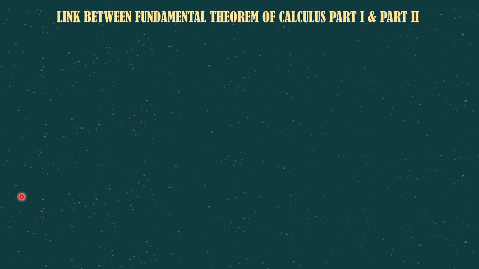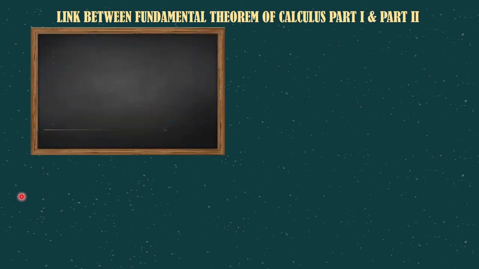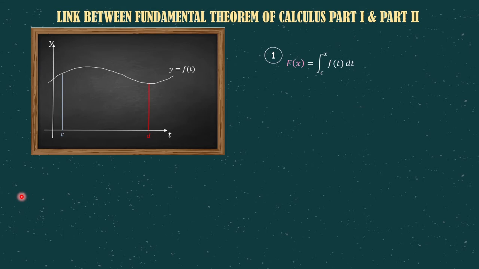So, there is a connection between the fundamental theorem of calculus part 1 and part 2. To illustrate that, let's say we have some function y equals f(t) that is continuous between intervals c and d. And let's say the uppercase F(x) is equal to the definite integral from c to x, where x is in the interval between c and d.